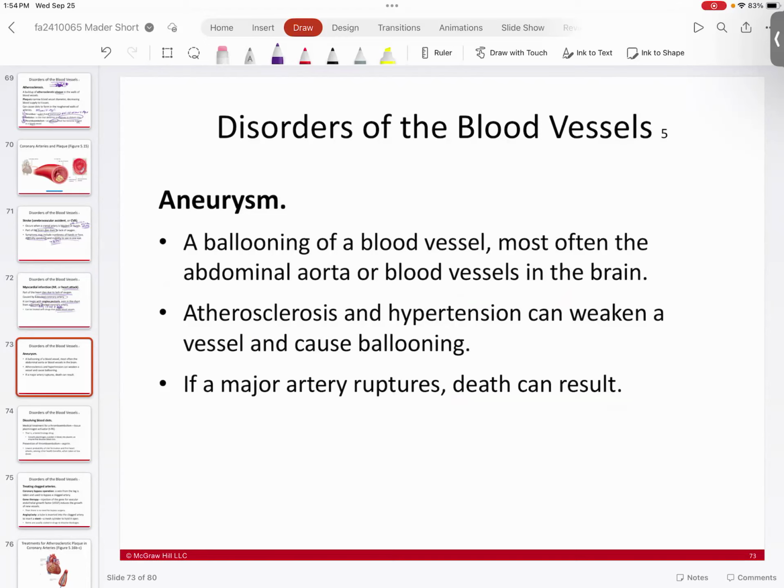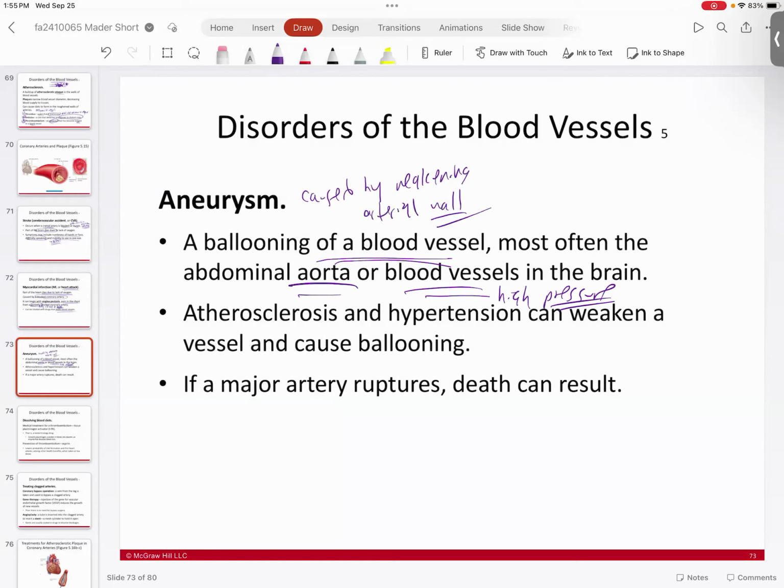Now, Lizzie brought up aneurysm, and so aneurysm is the next one that we have. An aneurysm has a bunch of different grades to it, but basically all it means is a ballooning of the blood vessel. It's usually blood vessels that are under high pressure, and it's caused often by a weakening arterial wall.